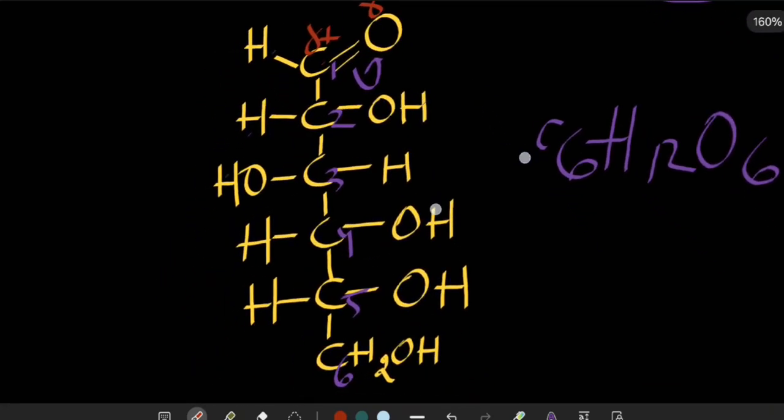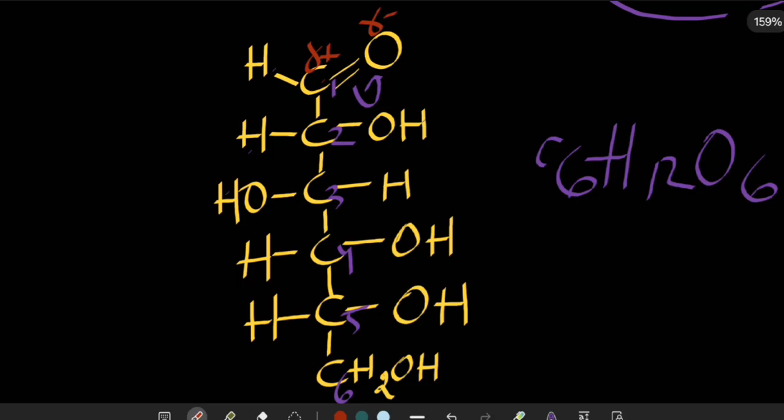Now, as we all know, this OH oxygen carries 2 lone pairs of electrons. Why is that? For that, you have to know the valency of oxygen. Oxygen has an atomic number of 8, and when we calculate it, the configuration is 2 and 6.